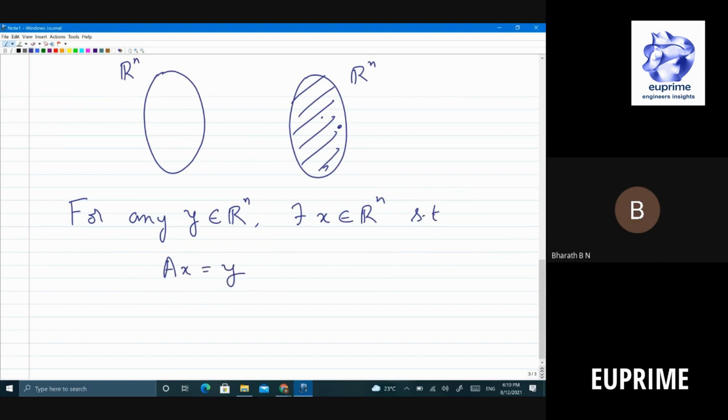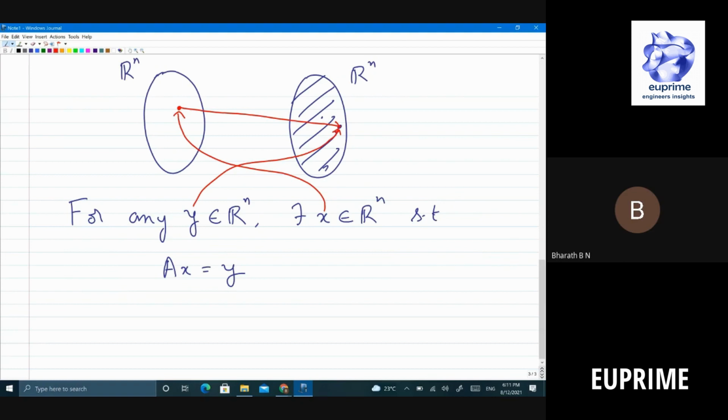This should be the case. So what is this y? This y should be, for every y in Rn, in the range of your matrix. There should exist an x that gets mapped to this particular thing. That guarantees that the entire range space is covered, the entire Rn is covered as the range of A.